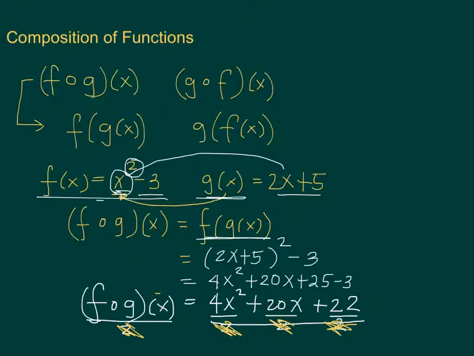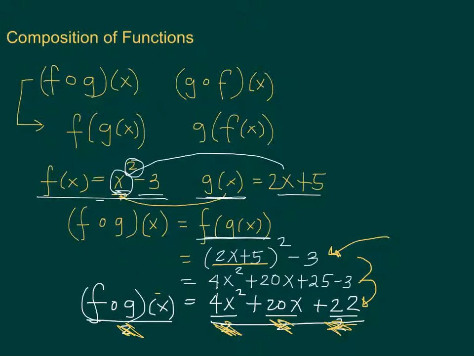Okay, so after you simplify, here, this is the substitution part. We change x by 2x plus 5, and after simplifying it and adding similar terms, once you reach the simplest form, which is just adding similar terms, that should be the final answer. Do not divide it by any number.